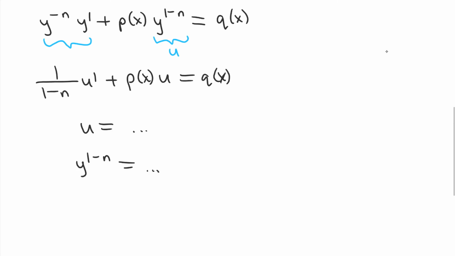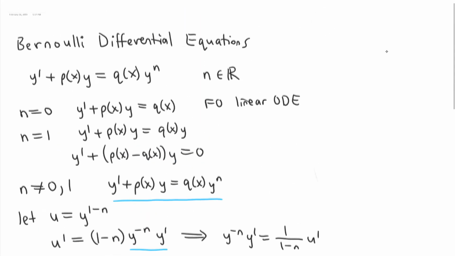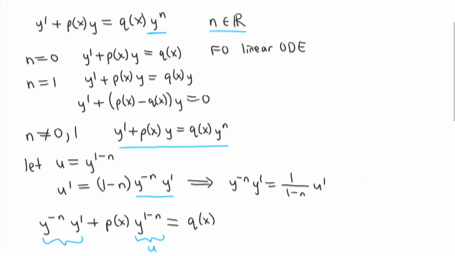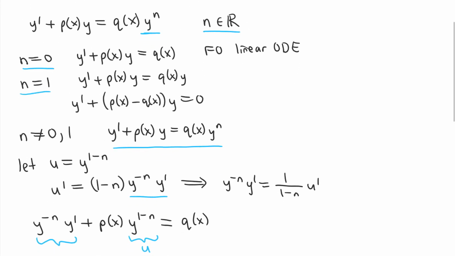This is the theory behind Bernoulli equations. Again, they look just like the linear form, except they multiply by y to the n on the other side of the equation, where n can be any real number. We're not including cases where n equals 0 and n equals 1 because those are much simpler. They can just be solved using previous methods.